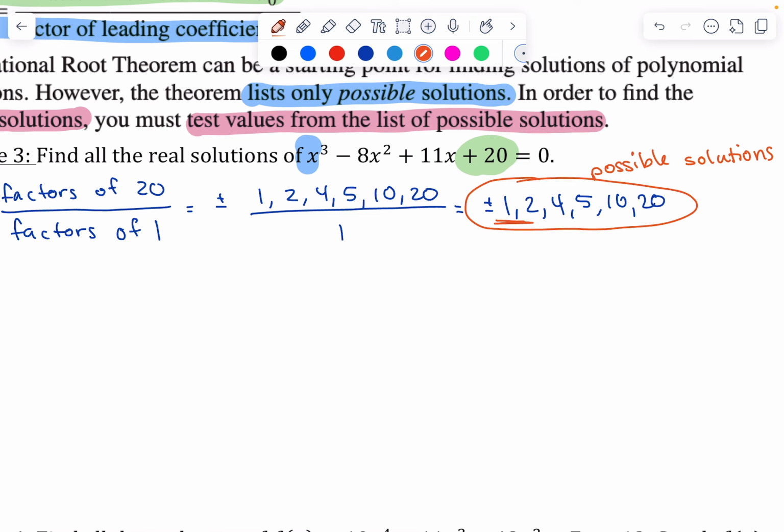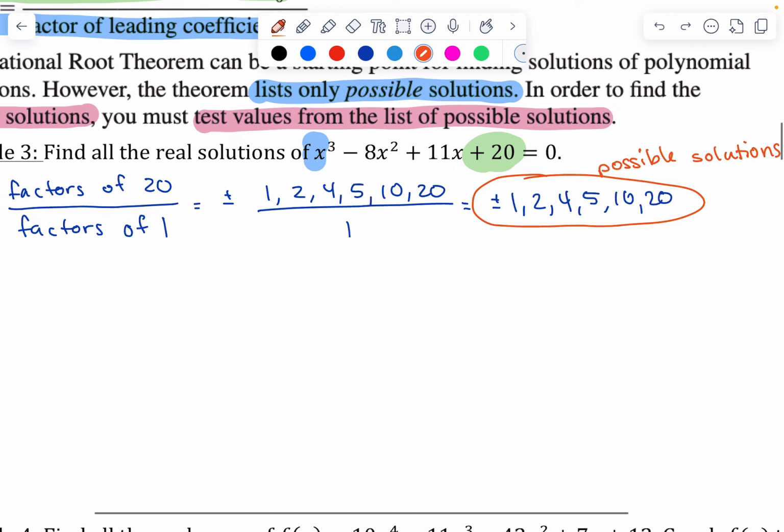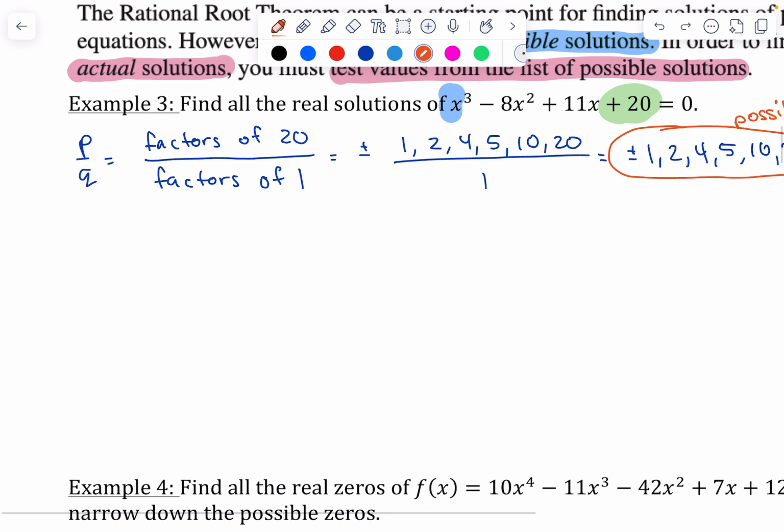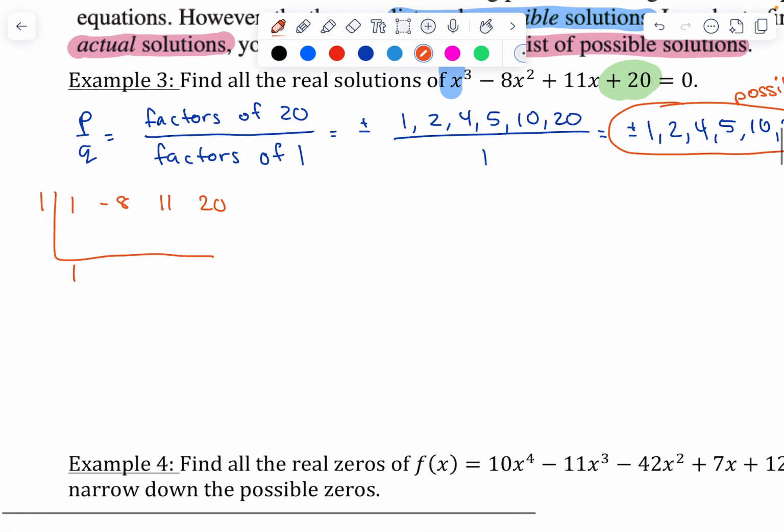So now I have to test them. I always begin with the smallest ones because the probability of those being the actual zeros are much more likely than 10 or 20. So I go ahead and I set up my synthetic division with positive 1, and I try that. So 3, 2, 1, none, so I don't need a placeholder. Bring down the 1.